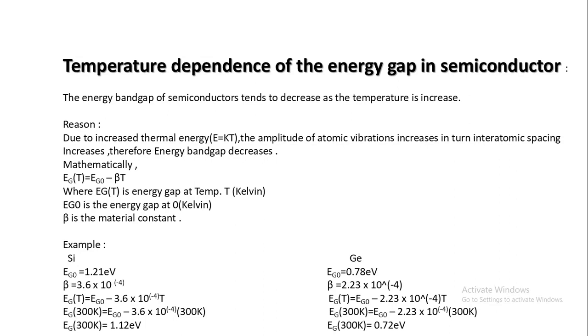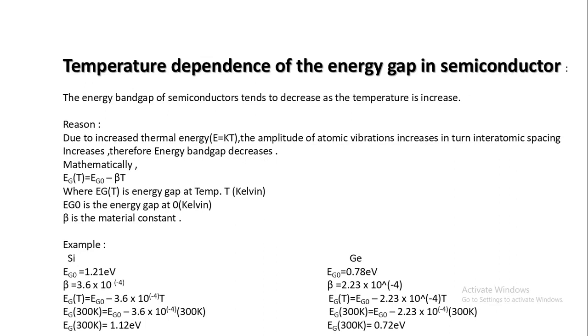So, temperature dependence of energy gap in semiconductor: how is the energy gap depending on temperature? The energy band gap of a semiconductor tends to decrease as temperature increases. Somebody will ask, if we increase temperature, what will happen with the energy band gap?